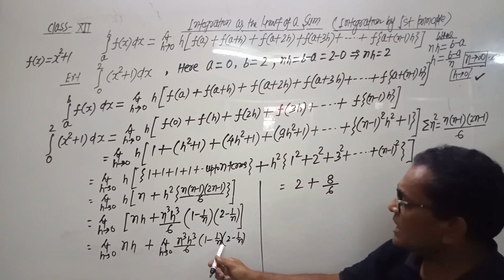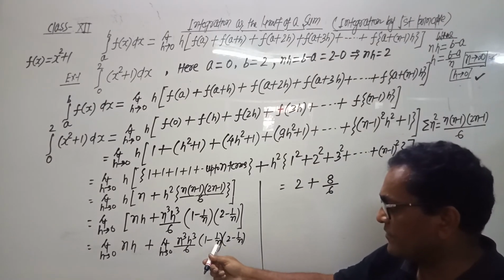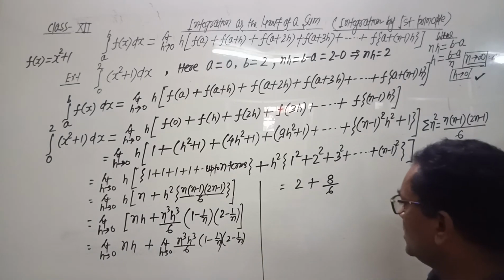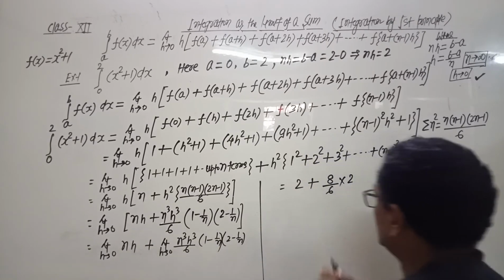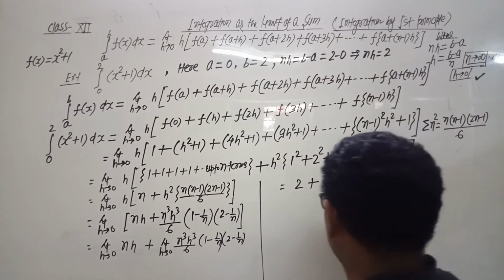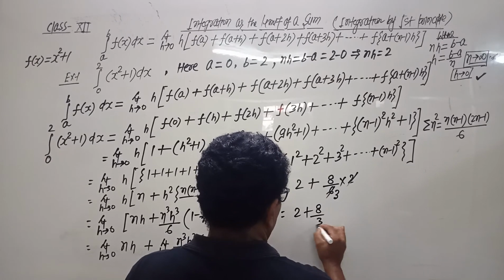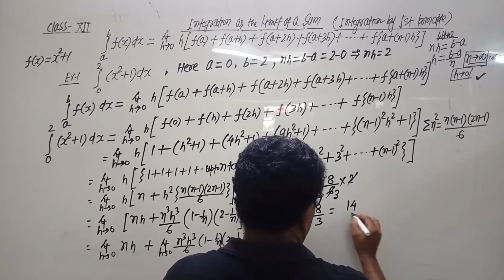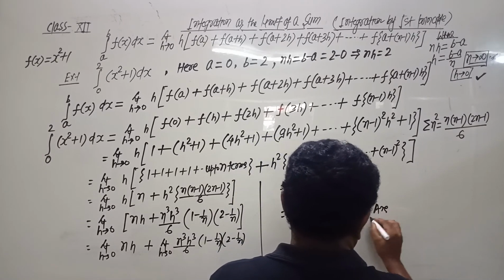So when we put infinity in place of n, 1 by infinity becomes 0, and this 1 by infinity also becomes 0. So we get 1 into 2. It remains 1 into 2. Now this is divided by 3, and it remains 2 plus 8 by 3. By taking LCM, 3 into 2 is 6, 6 plus 8 is 14. So the result is 14 by 3.